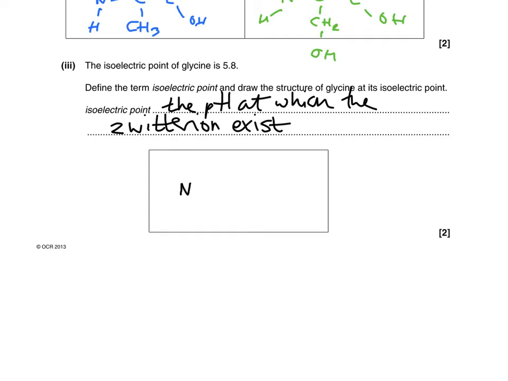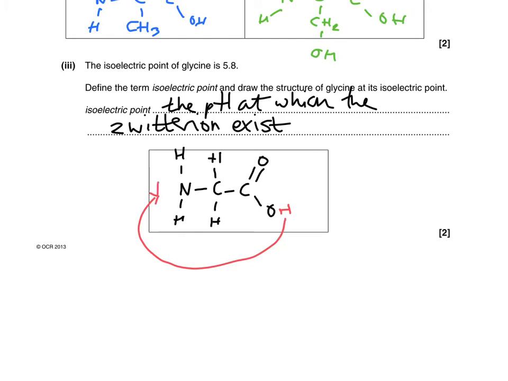And glycine, as we know, we have 2 hydrogens. So if it has 0 overall charge, the hydrogen from the carboxylic acid group comes over to the amino group here, giving us a negative charge over here and a positive charge over here.